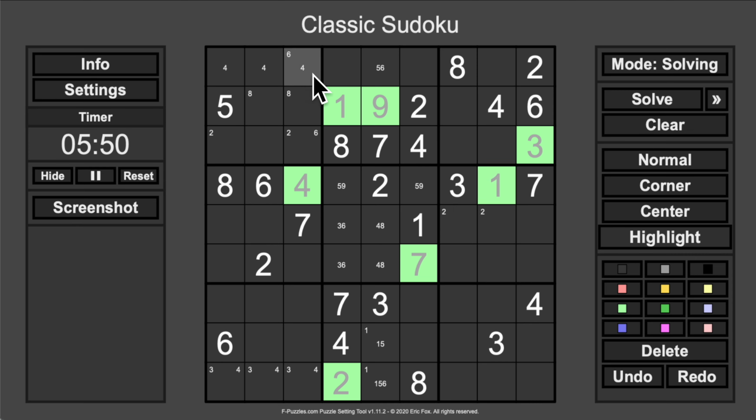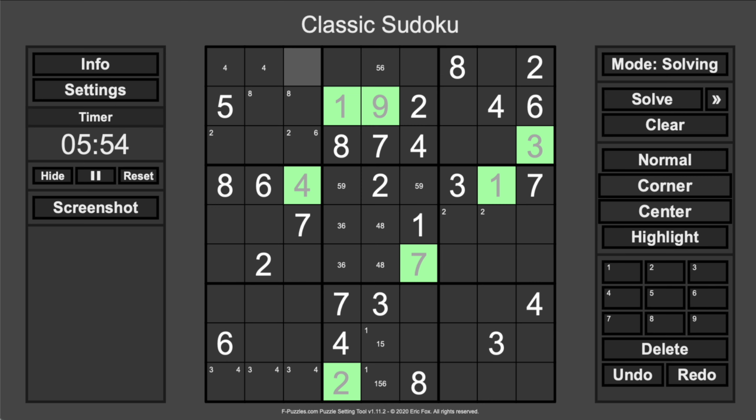Okay, that happens to tell me that that's not 4. This is one of the options for 6. 4 is now definitely in one of these two. Let's see, does that give me any other digits in the middle third?